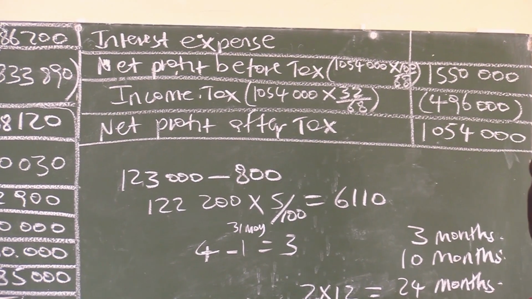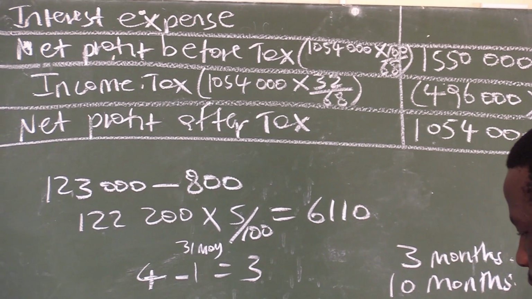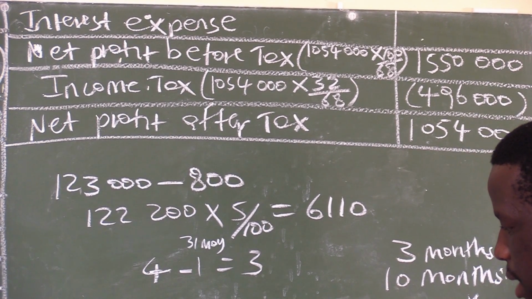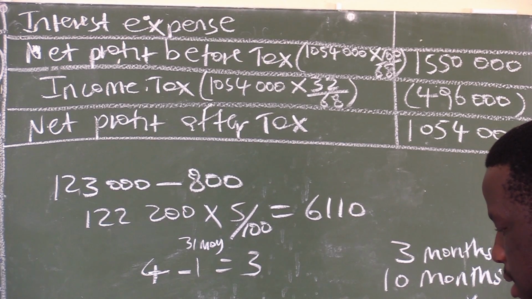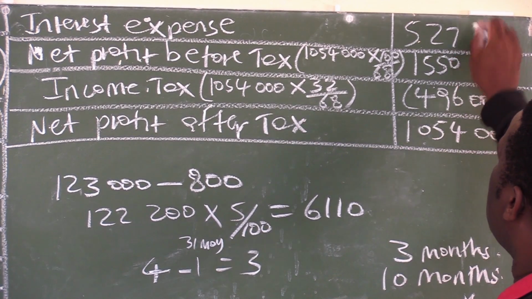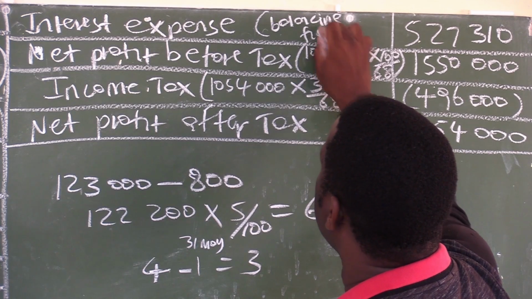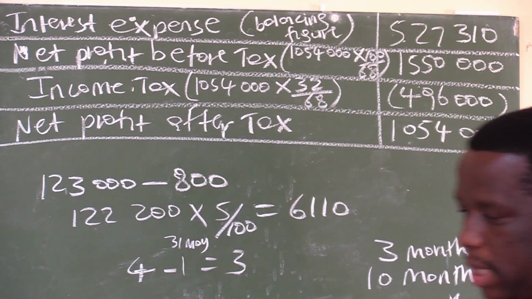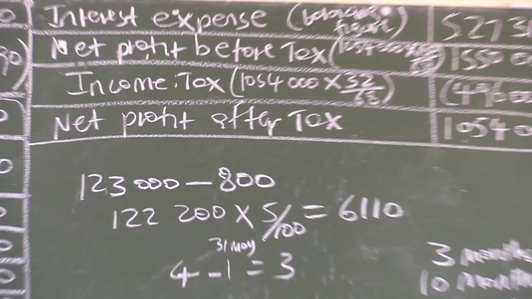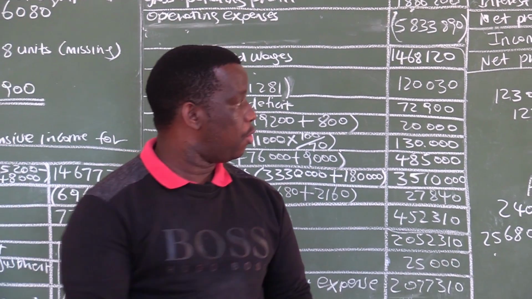So 2,077,310 minus 1,550,000 is 527,310, and this is our balancing figure.